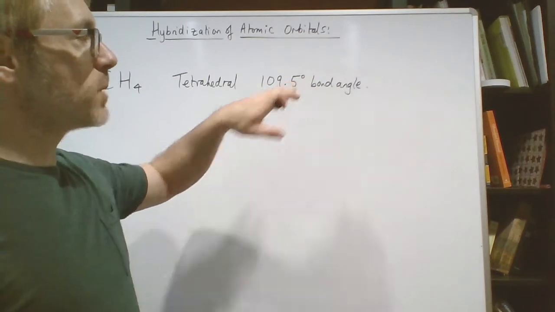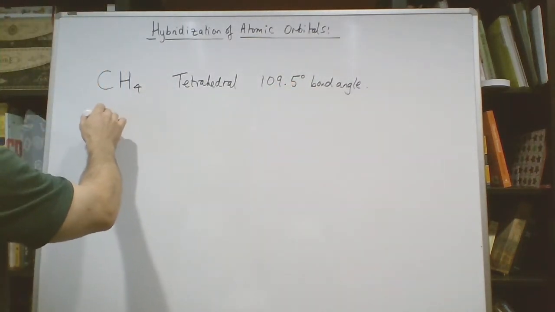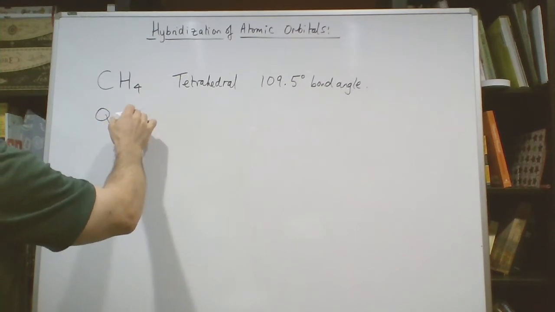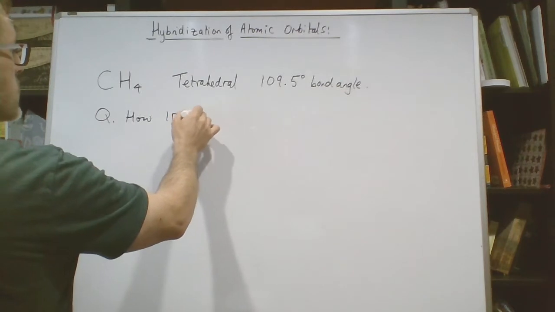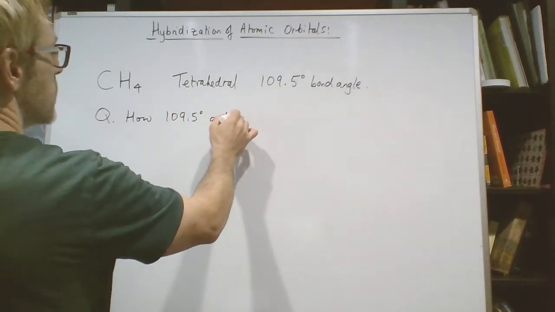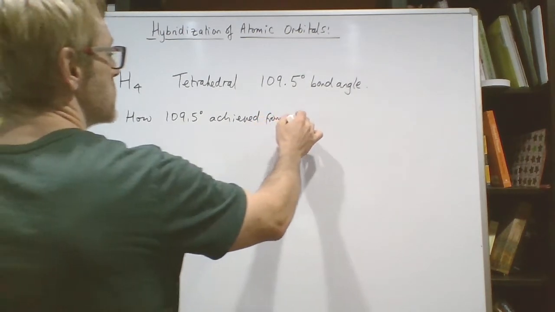But how do we explain the bond angle? So I guess the question, or the problem, is, how is 109.5 degrees achieved from p orbitals?